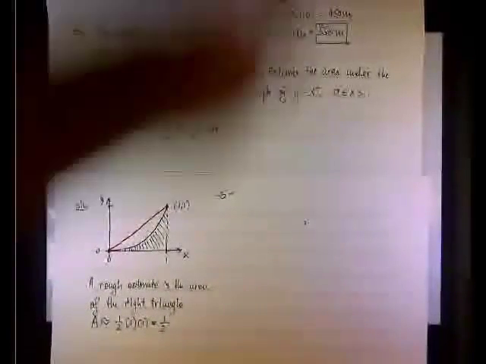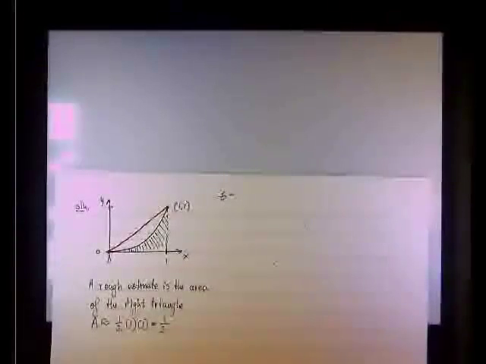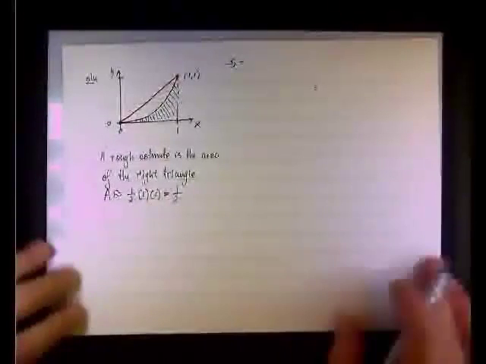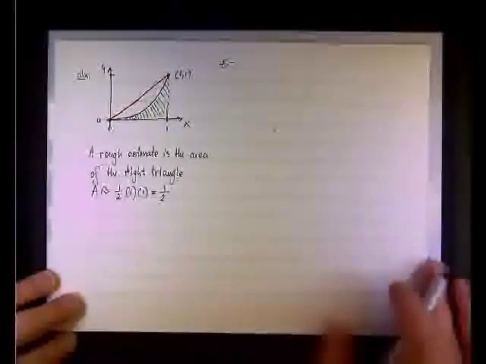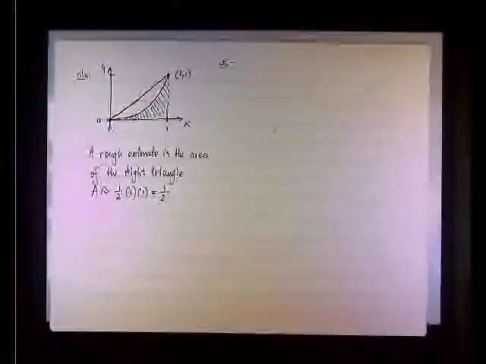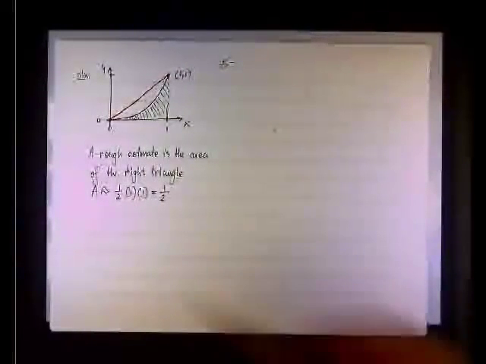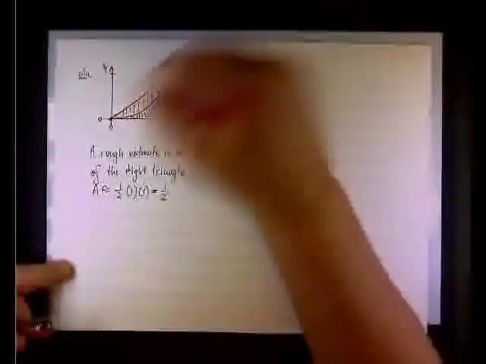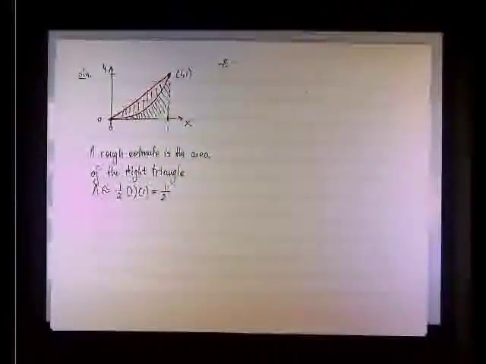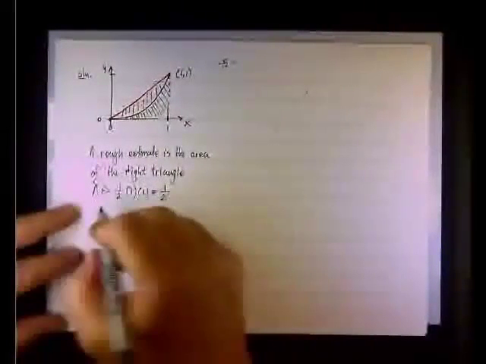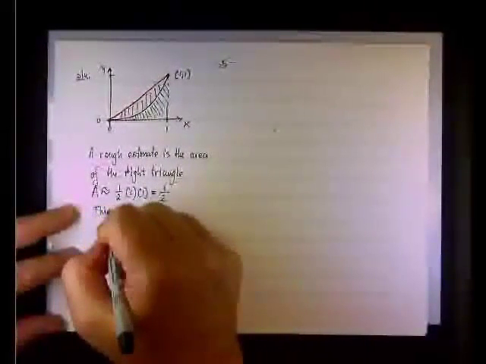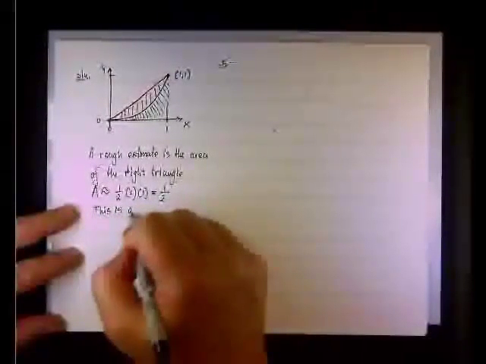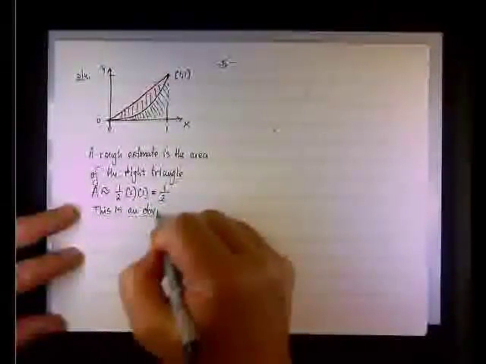Okay, now obviously this is an overestimate. Why? Because we have all this extra area right here between the secant, which is in this case, and the curve. So this is an obvious overestimate.